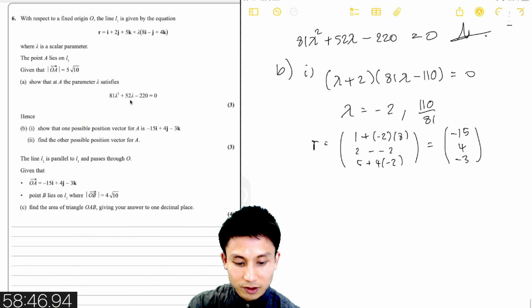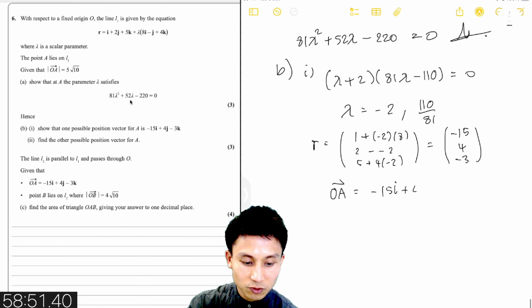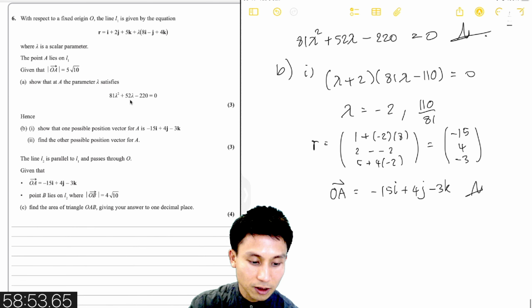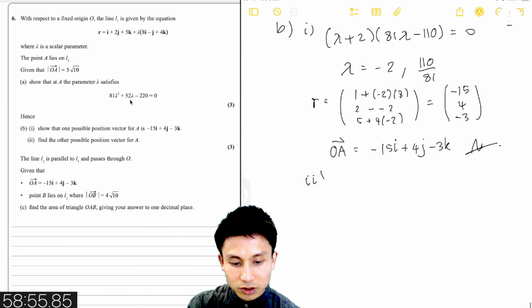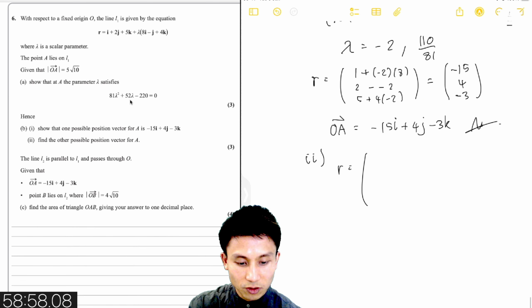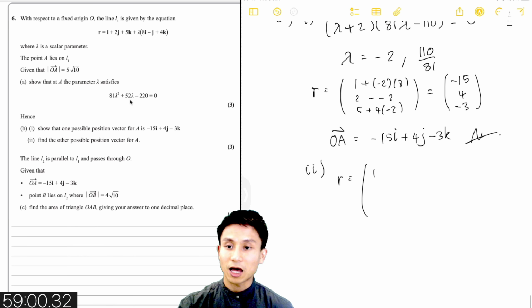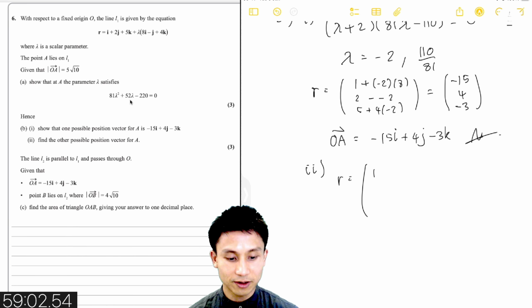All right, so OA there would be equal to, of course, writing as required there, don't forget. And then the other one is just subbing r equals the whole thing again, but now putting 110 over 81 in instead.